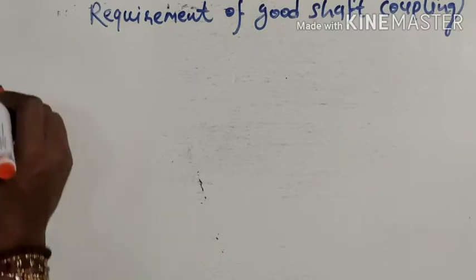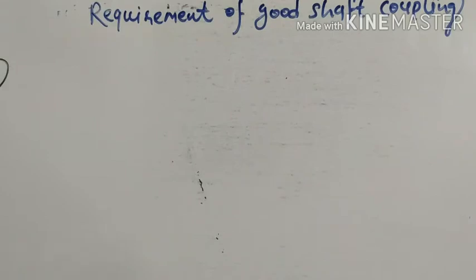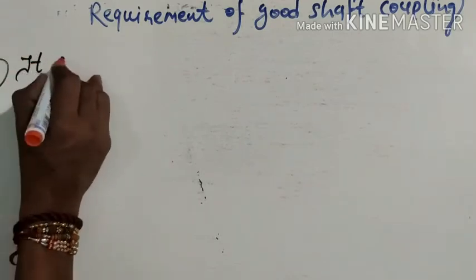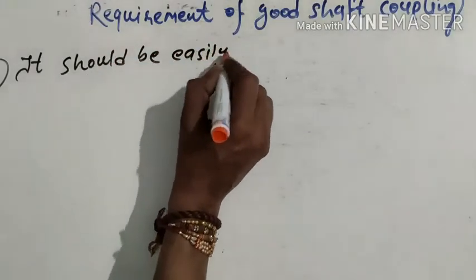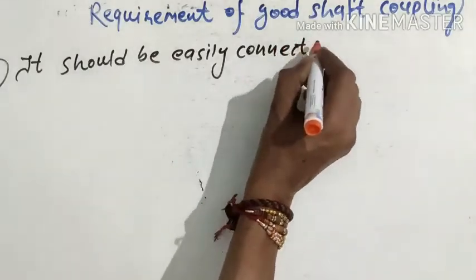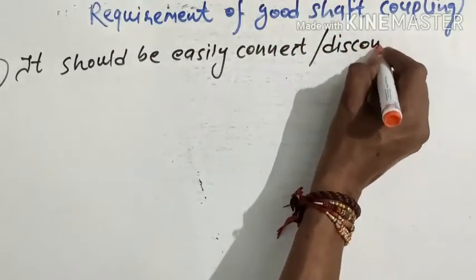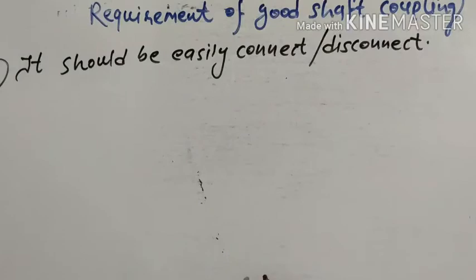So first, number one, it should easily connect or disconnect. Because in certain applications, if we need to remove the shaft, or we find any damage on the shaft, then we just need to remove it and replace it with a new one, or repair it.